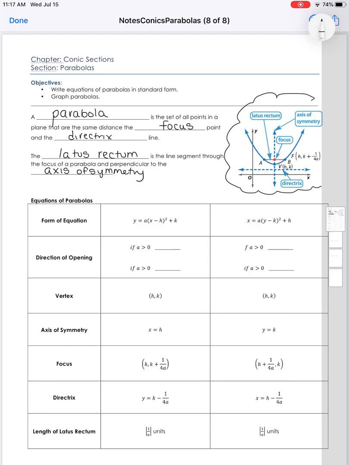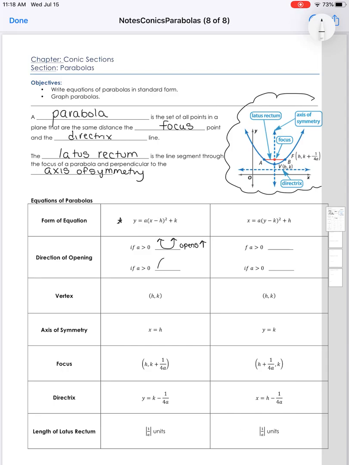So you have two columns here. The column on the left is going to be for parabolas that open up or down. The column on the right is going to be for parabolas that open left or right, which we haven't really touched on yet. So for the parabolas that open up or down, let's look at the first column. The format that the parabolas are going to fall into is this one right here: y equals a(x minus h) squared plus k.